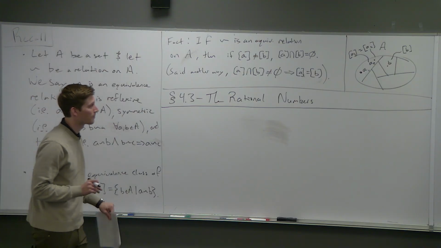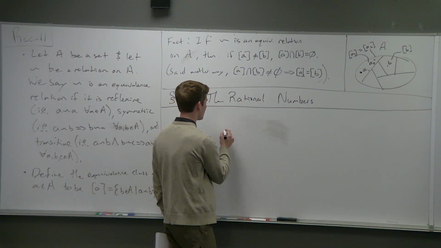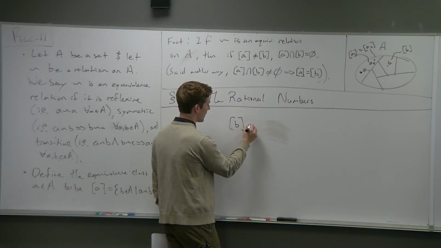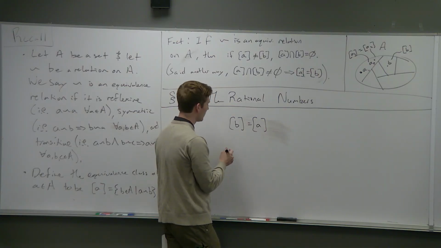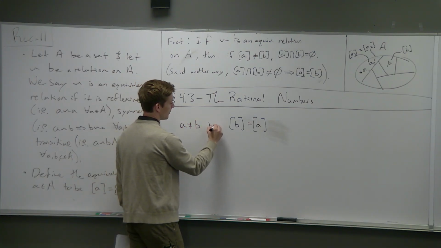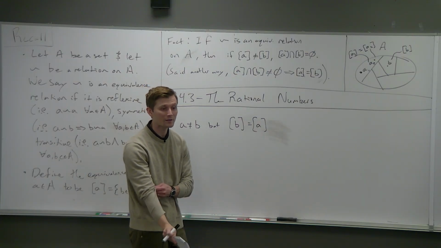But yeah, so effectively, I think what you're saying is, I'll just doodle it here. Say you have two different elements, A and B, that are not equal to each other, but A and B have the same equivalence class. What does this mean?